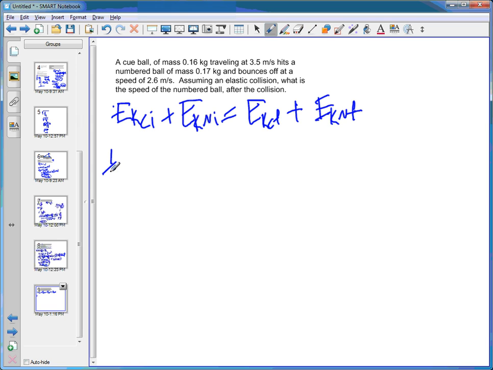They follow the same conventions: the cue ball initially, the numbered ball initially, the cue ball finally, the numbered ball finally. So I won't bother writing those subscripts in there. So 1/2 mv squared plus 1/2 mv squared.